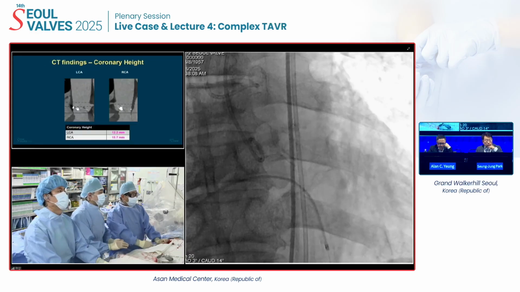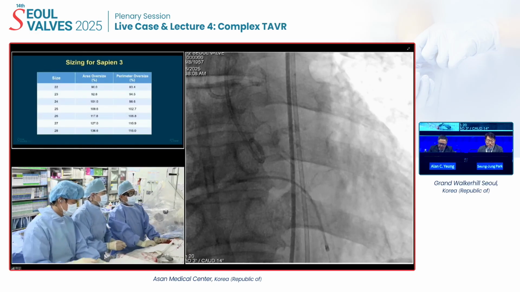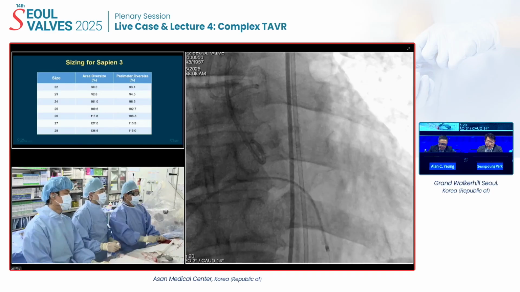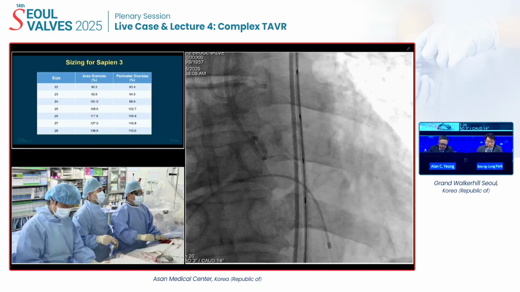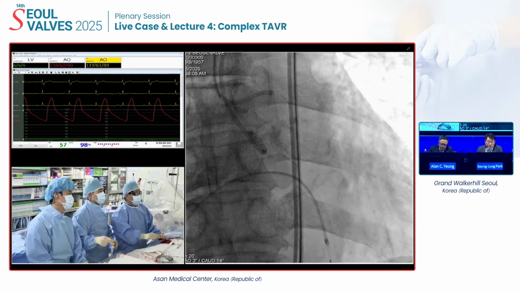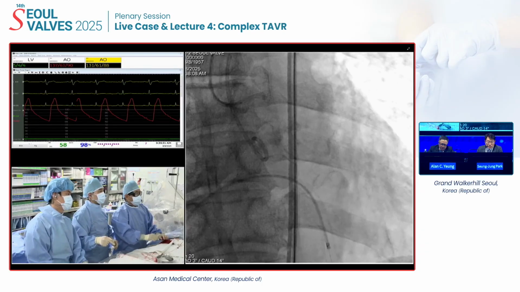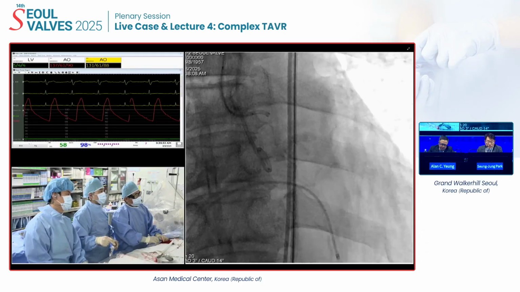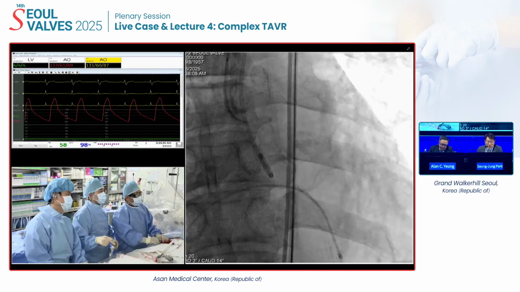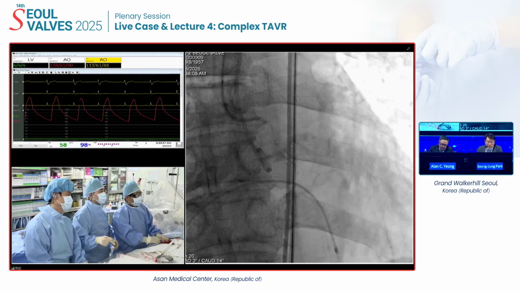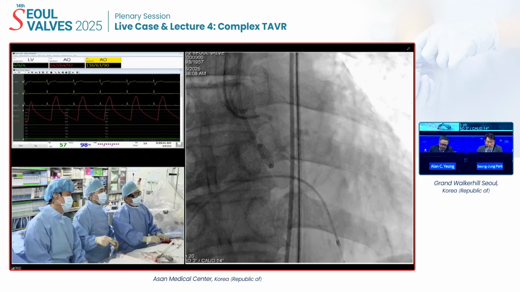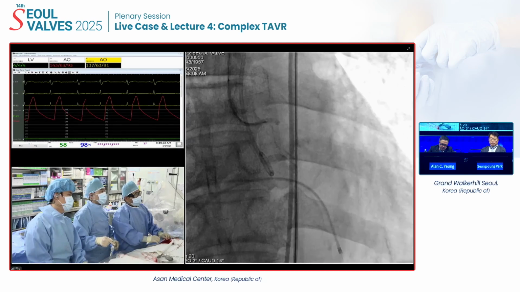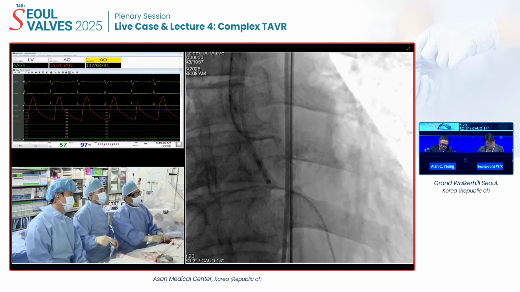So transfemoral with conscious sedation. I'd like to cross the valve. Crossing the valve is sometimes very difficult in the case of bicuspid anatomy. But you can feel some jet from the stenosis, and then cross the catheter to the hole.